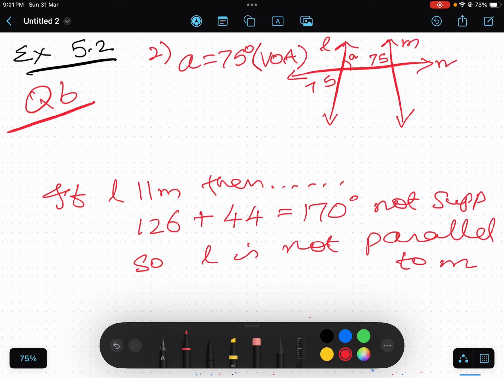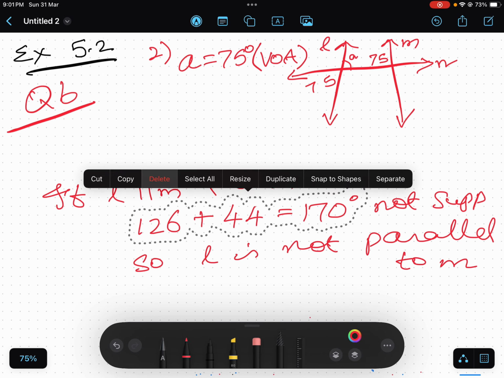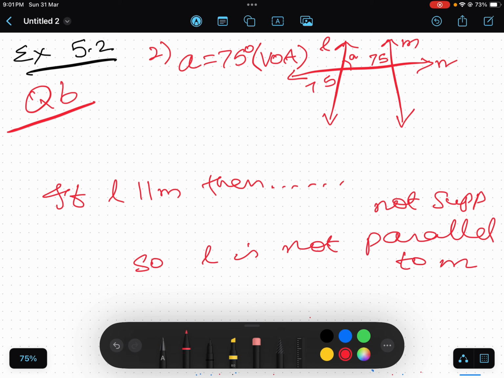Now if L is parallel to M, then the sum of interior angles on the same side of the transversal should be supplementary. So 75 plus 75, it is coming to 150 degrees only. It is not supplementary. So L is not parallel to M. So that finishes question number 2, part 2.